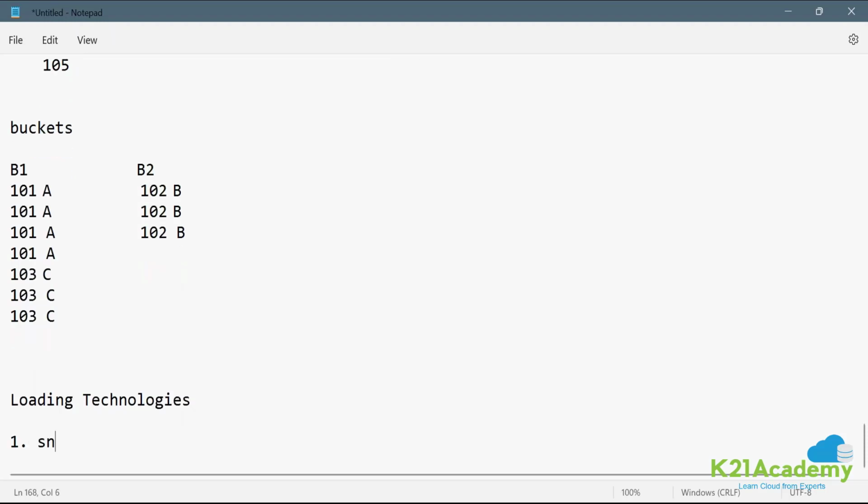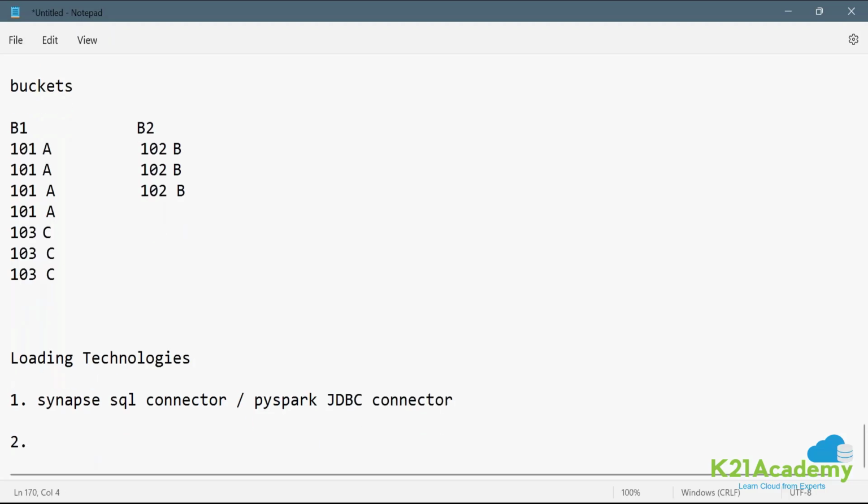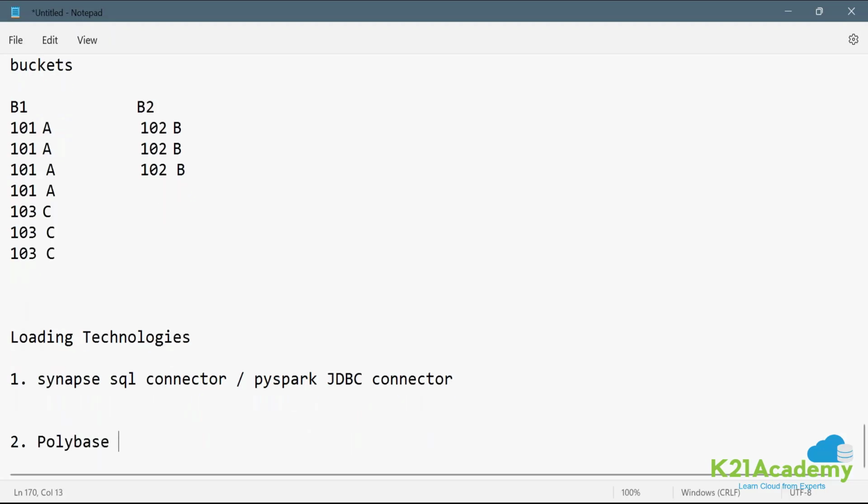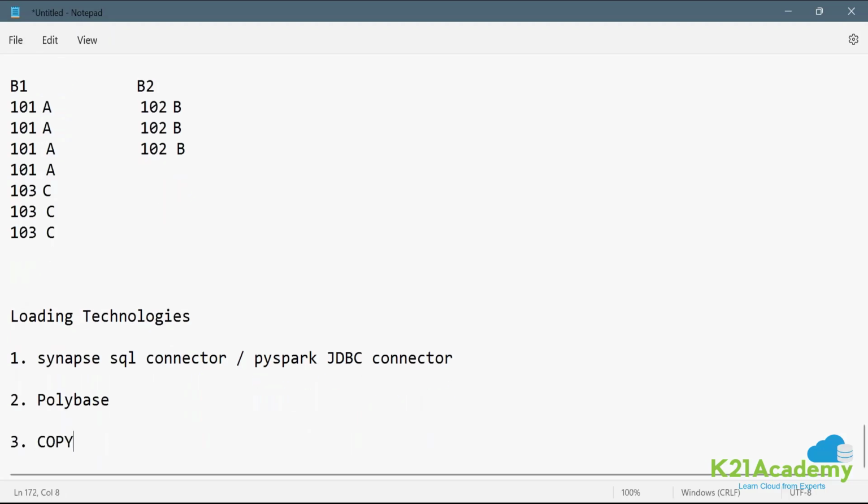Number one, the Synapse SQL connector that you have already seen. Its variation, PySpark JDBC. The JDBC connector is also there, whose practice you can do later down the road. Polybase is there. Third is the COPY INTO statement.